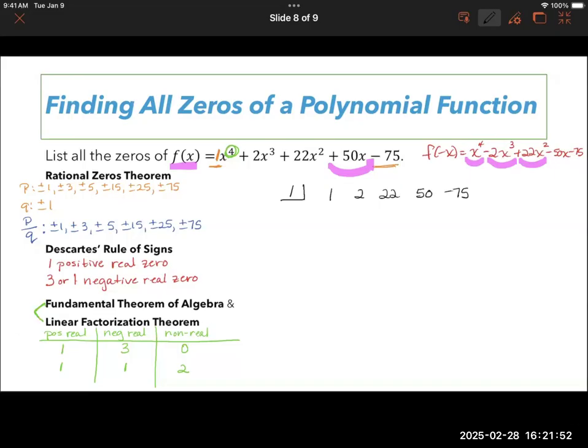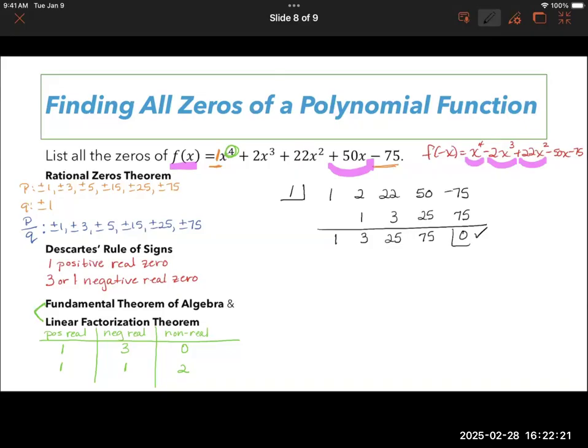So let's test out the 1 first. And so with our synthetic division, I'm going to bring the 1 down, multiply, add, multiply, add, multiply, add, multiply, and add. So that's a good sign. We've got that remainder of 0.